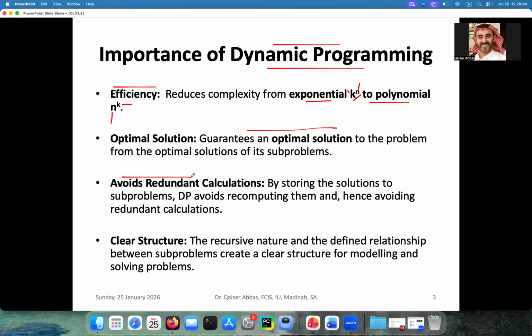Avoid redundant calculations. In DP, when we calculate solutions for the subproblems, we store them in some kind of an array. If that subproblem comes again, we do not calculate it again.